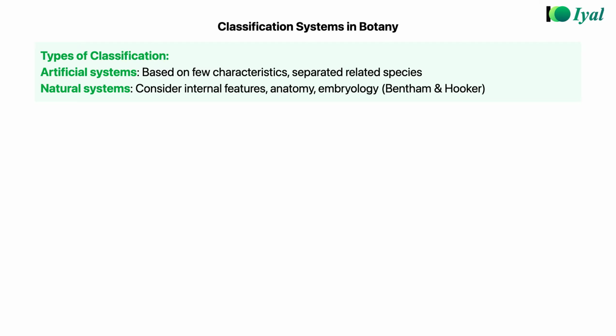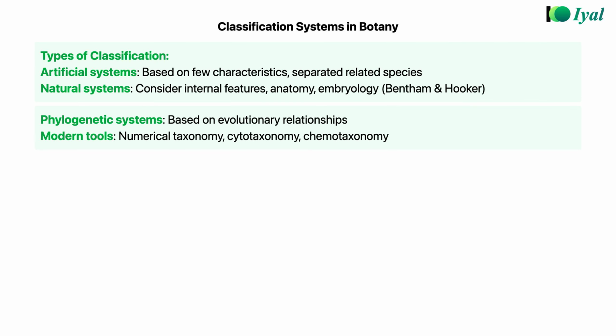George Bentham and Joseph Dalton Hooker developed an important natural classification system for flowering plants. Today, we use phylogenetic classification systems, which are based on evolutionary relationships between organisms. The assumption is that organisms in the same taxa share a common ancestor.